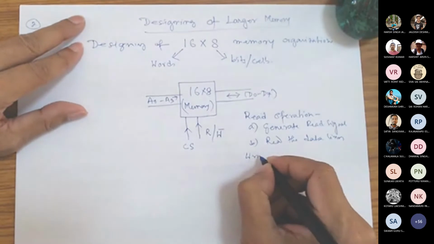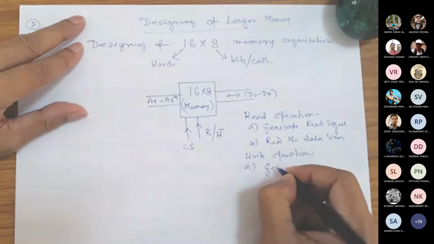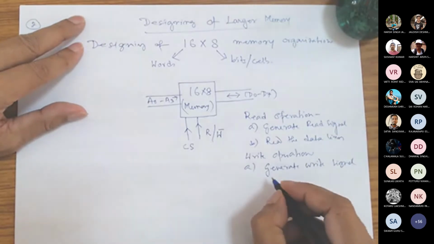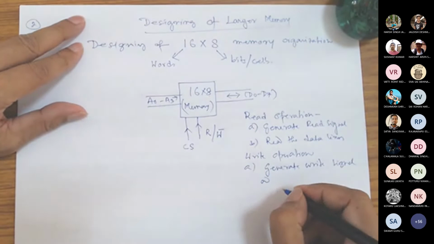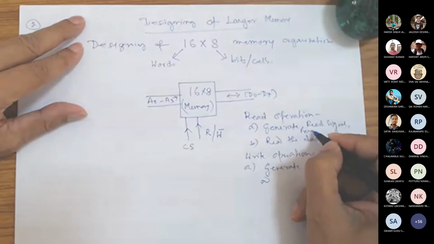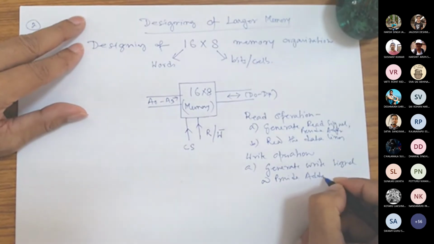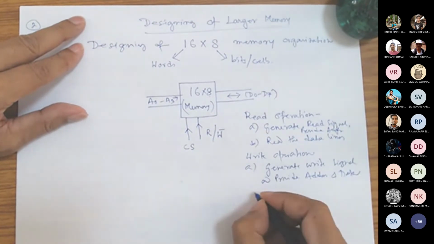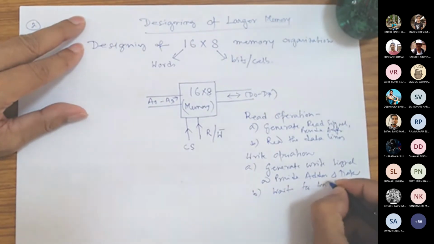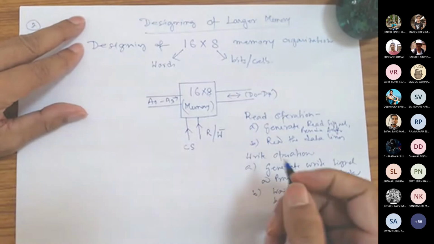Write operation: generate the write signal, and provide address and data, then wait for the write to be completed, because any operation takes time.